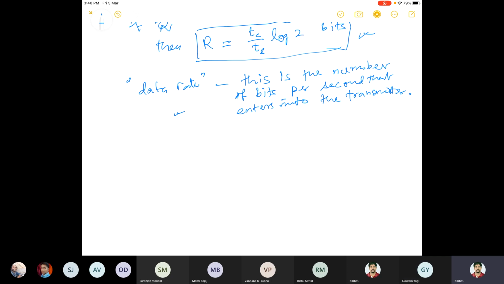Okay, anything else? Anybody? Anyone wants to say anything? Okay. Nobody wants to say anything, or nobody is here except Gautam?